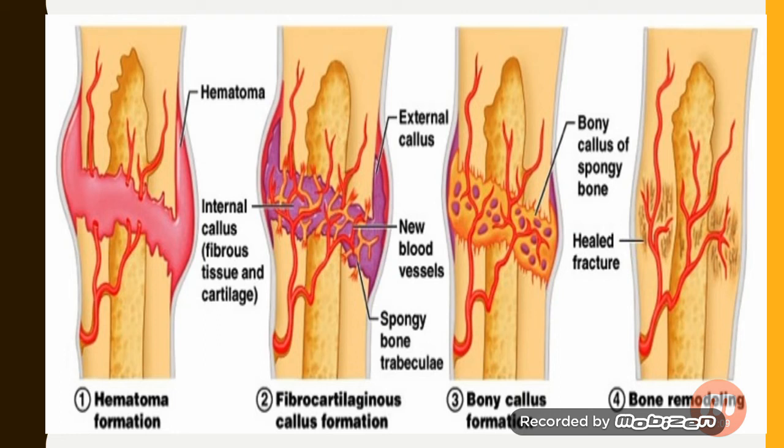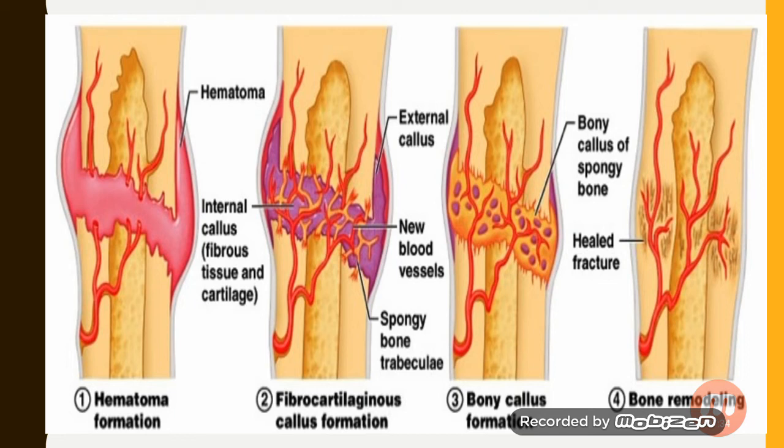The fracture may also rupture the periosteum, which is the layer of the bone, and it stimulates the production and release of numerous osteoblasts. Osteoblasts are the bone maturing cells.